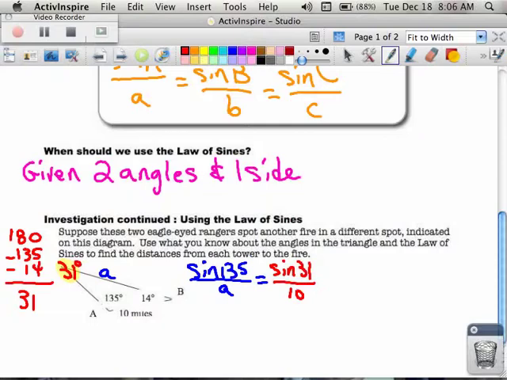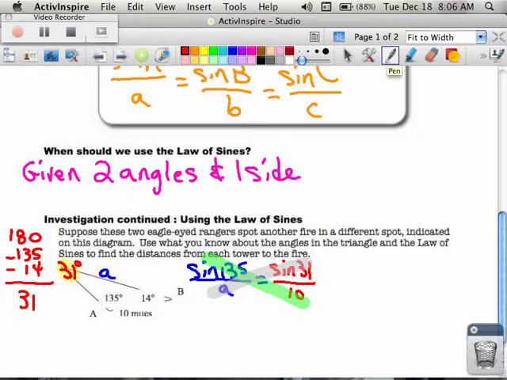Now this is when we do that famous cross-multiply thing. I multiply these two things, and I multiply these two things, and then I solve. I talk about it a little bit differently. In this proportion, the a is the only thing that's unknown.